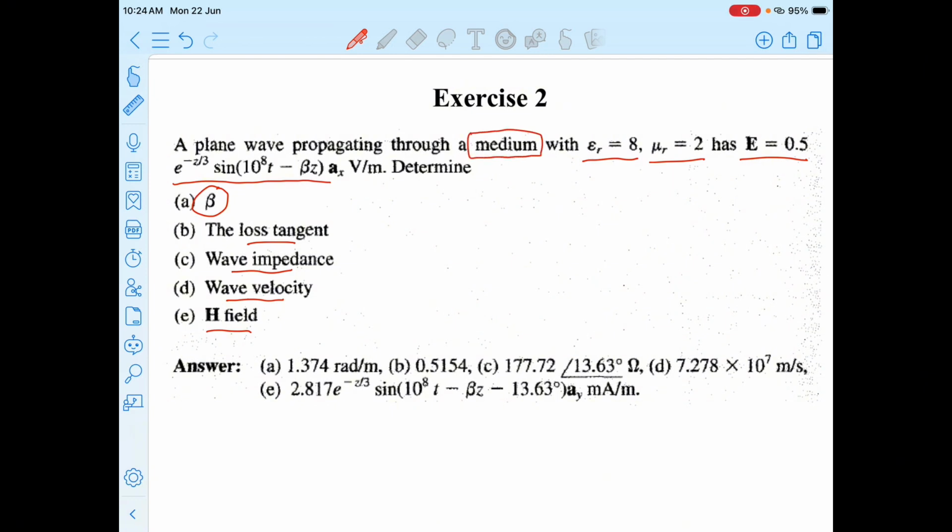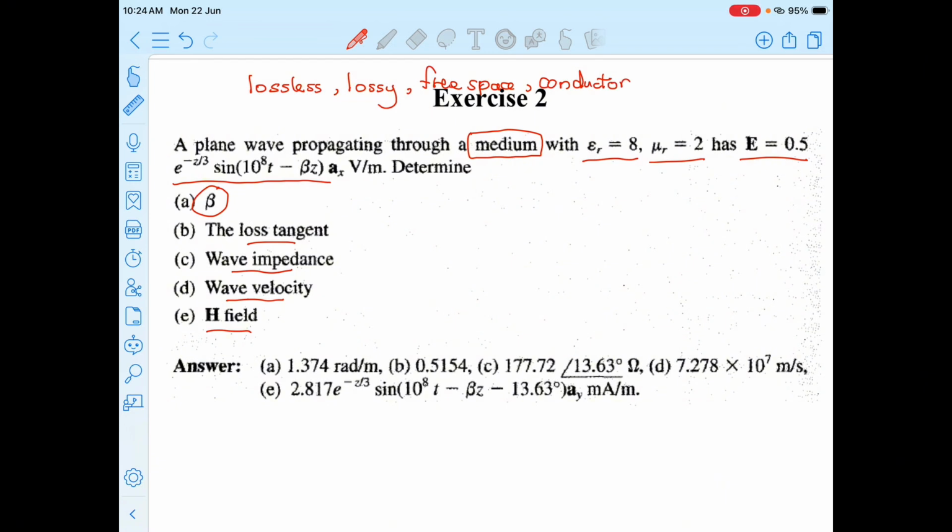Remember we have four mediums. We have lossless, we have lossy, we have free space, and we have a conductor.